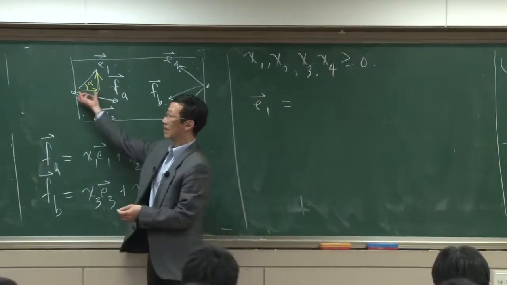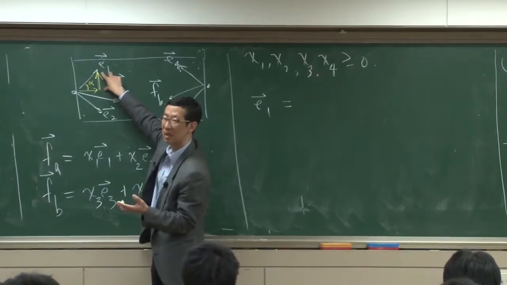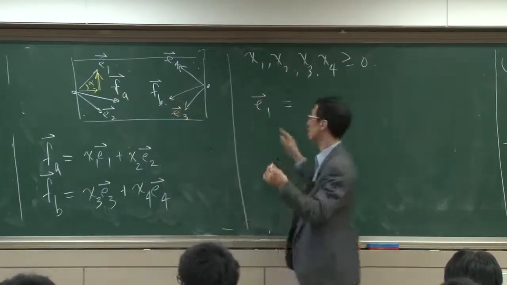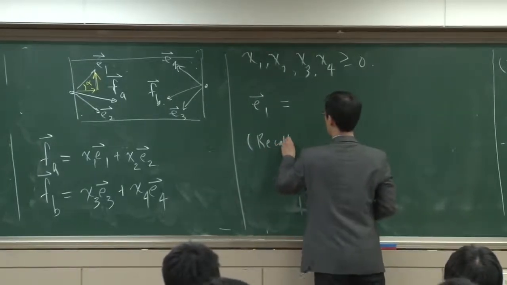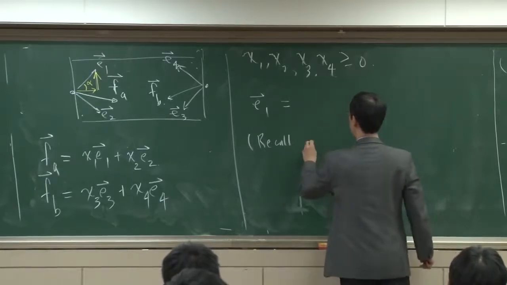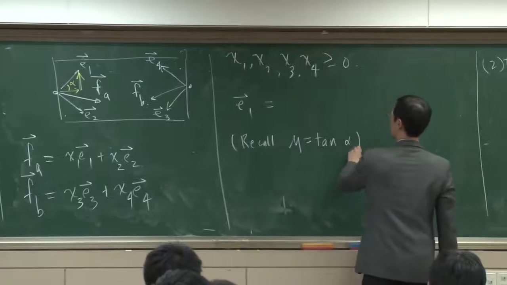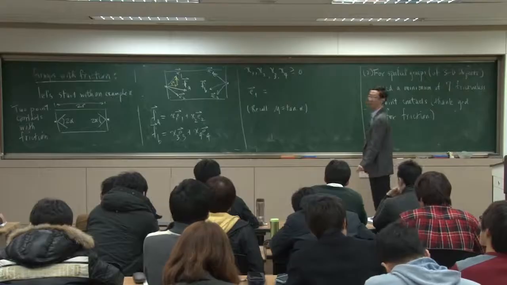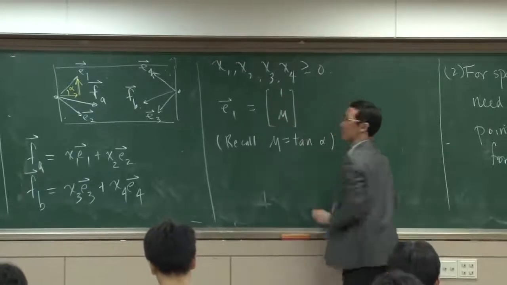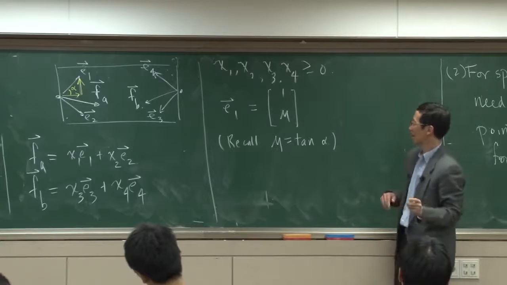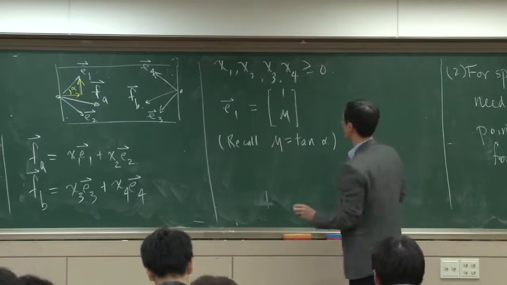If this length is, say, 1, then this length is the tangent. Recall that mu equals tangent of alpha. So E1 is going to be that, because mu equals tangent alpha, simple trigonometry.